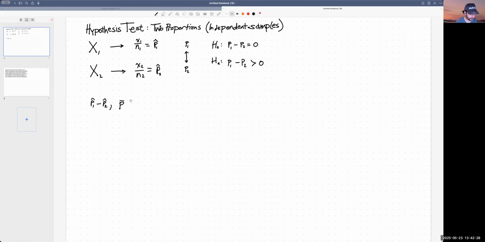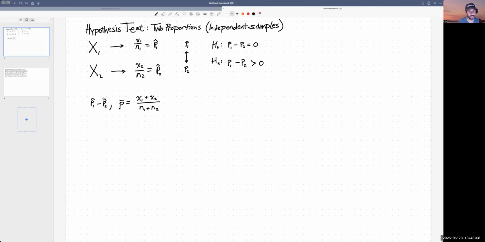I'm going to use the notation p bar for this. Sometimes it's called the common population proportion estimate. It's computed by taking the two numbers of successes and dividing by the sum of the sample sizes. It's as if they were one big sample. The two number of successes together over the two sample sizes together gives us the proportion of that whole group to hopefully estimate the population proportion.